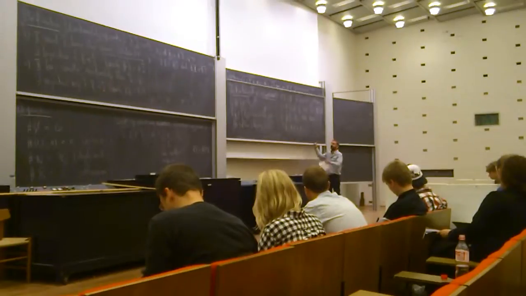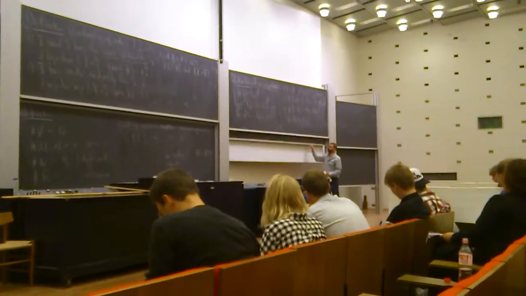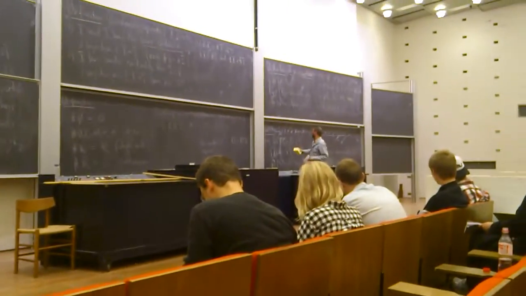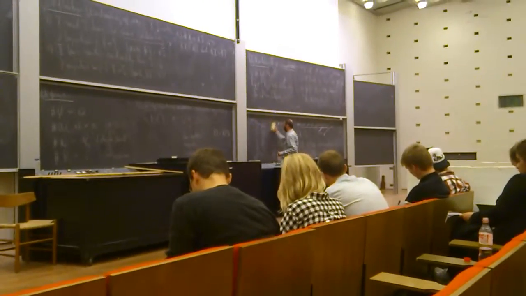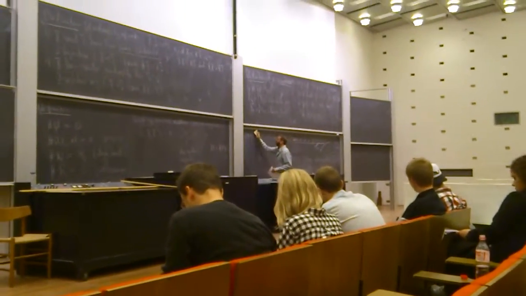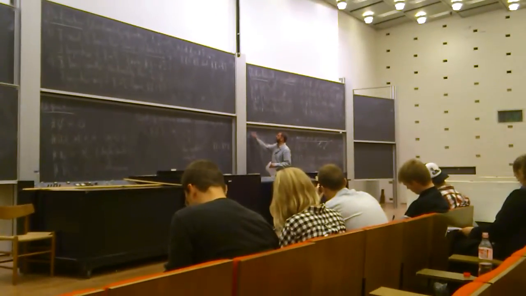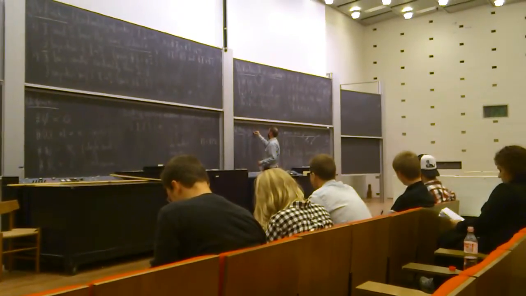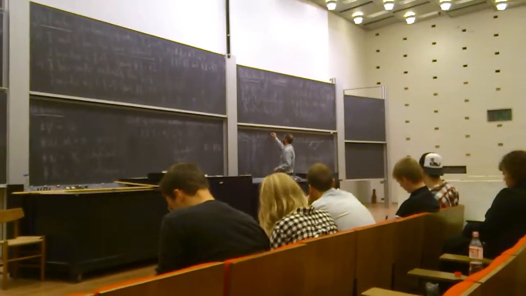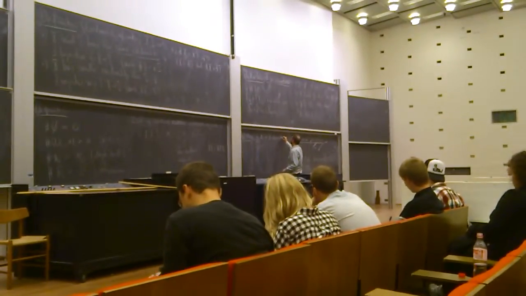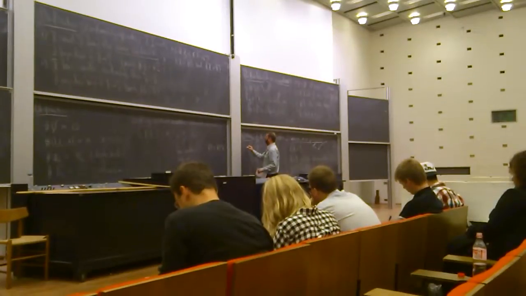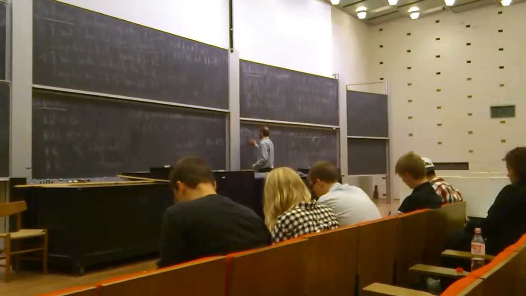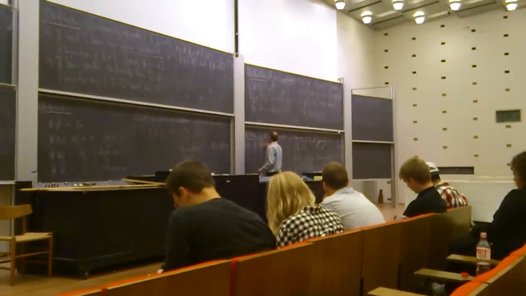And to see this is not difficult. Take f that goes from the natural numbers to X, a bijection. Then we can simply put xn equal to f of n.